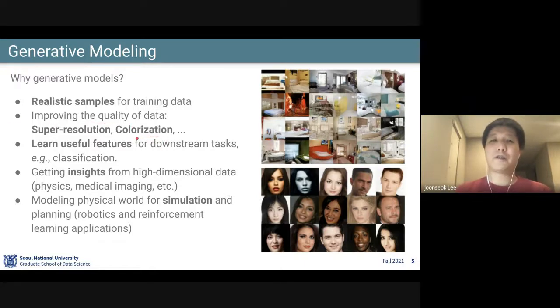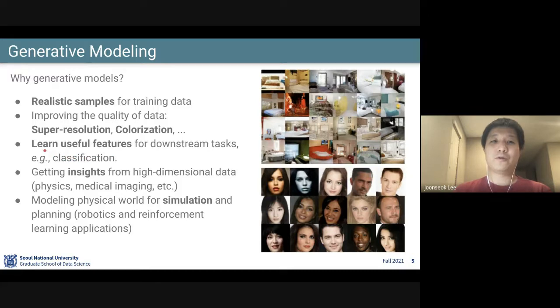Or given some black and white images, we would like to colorize photos taken like 100 years ago. Everything was black and white. Now we can use our recent technologies to color them, which is great. So yeah, these are some important applications.